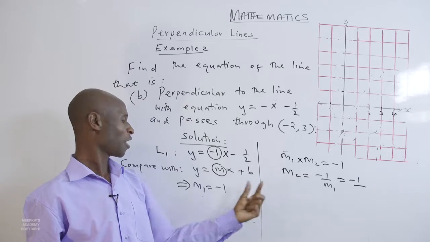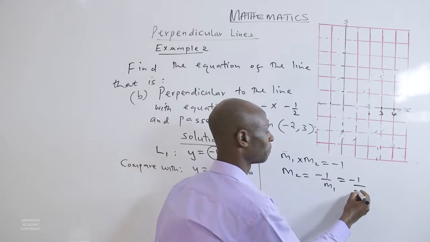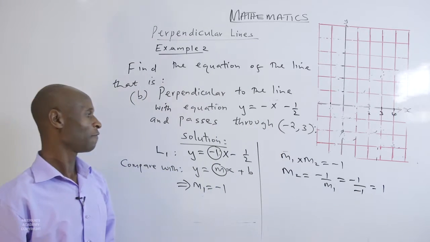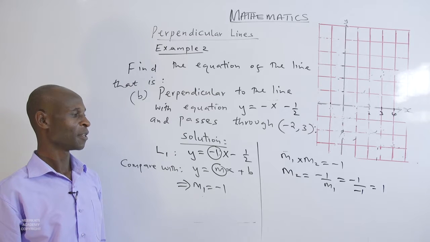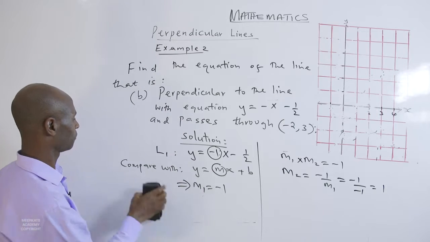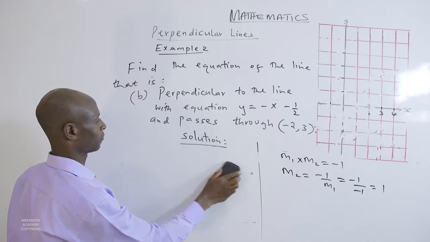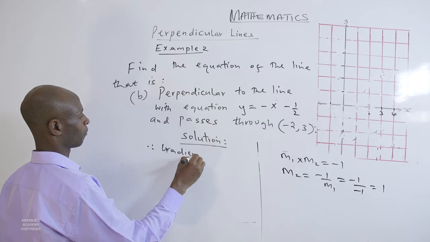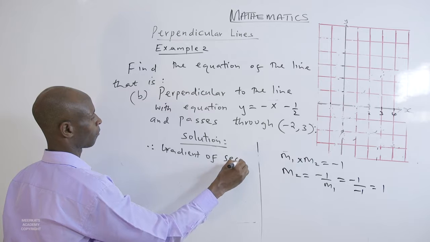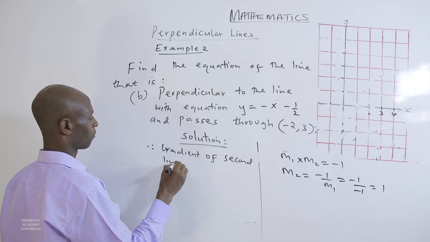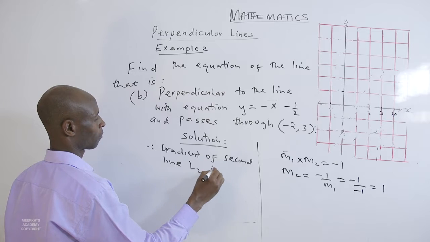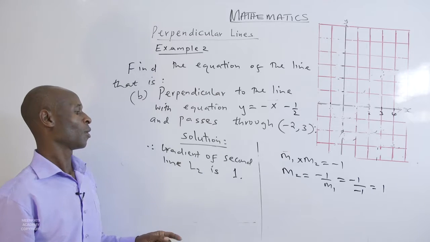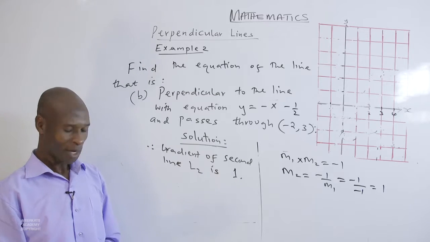If we substitute the value of m1, which you have obtained as -1, we obtain the value of m2 to be 1. Therefore, the gradient of the second line is 1.